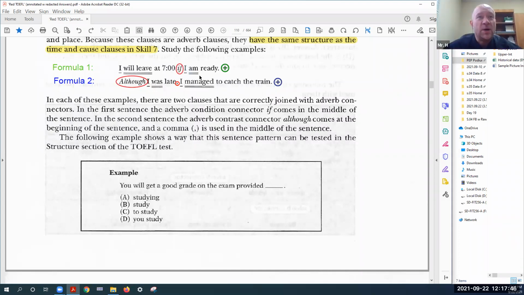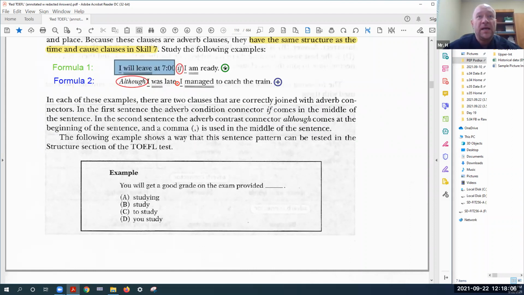Very good. Now, where is the main clause? I will leave. Yes, here's the main clause. So for the main clause we use number 1. That's the first subject, and will leave is the first verb, because it's the main clause.